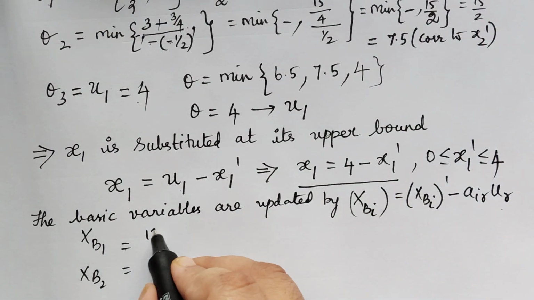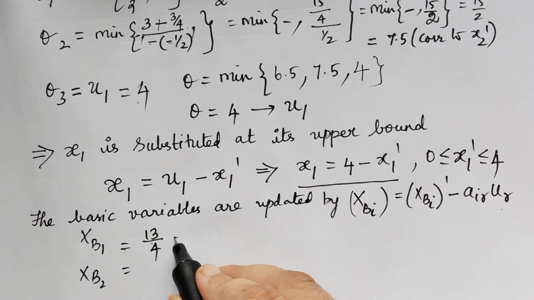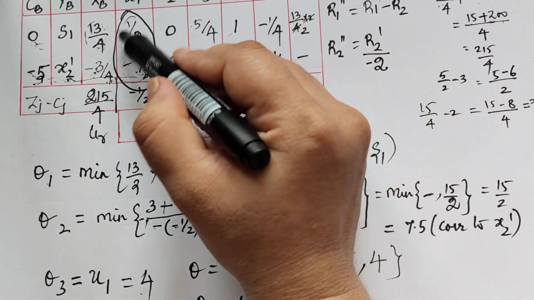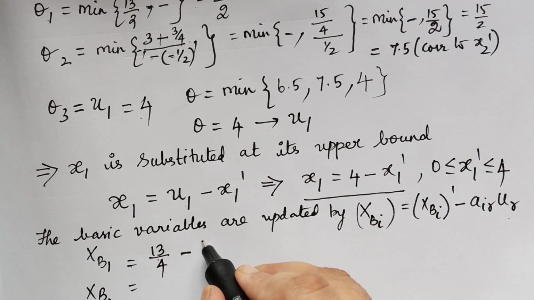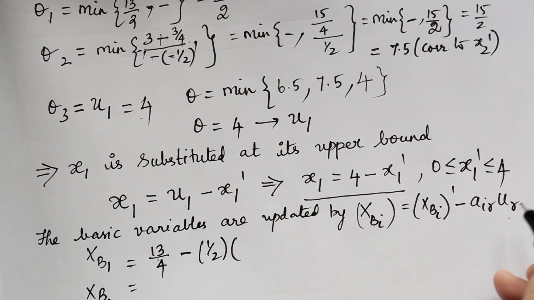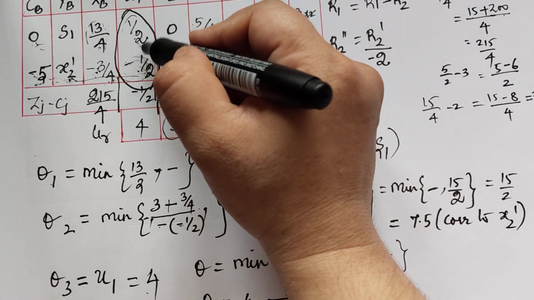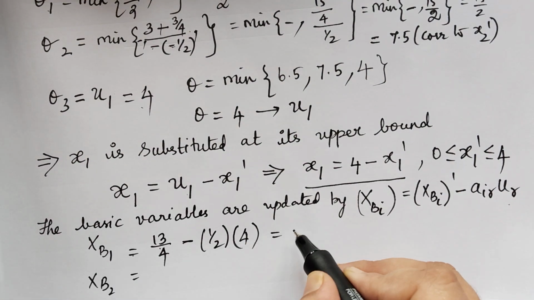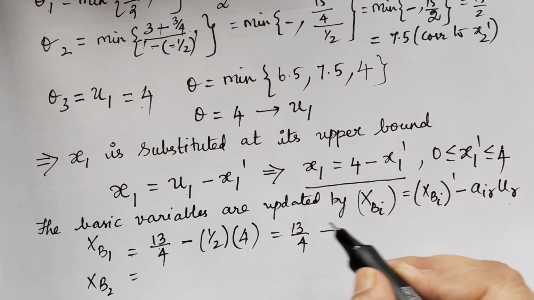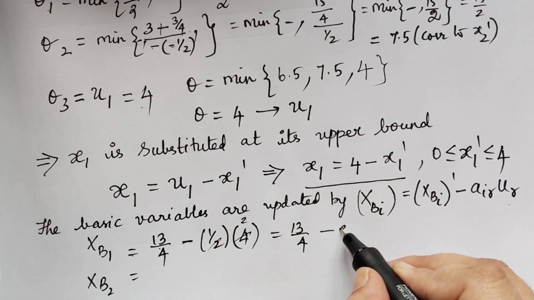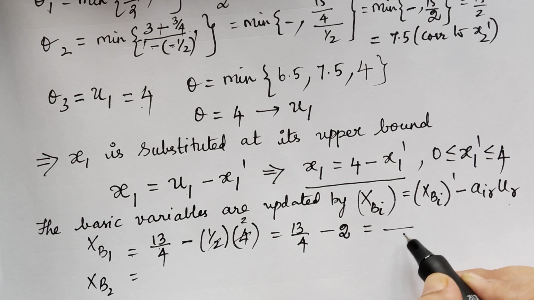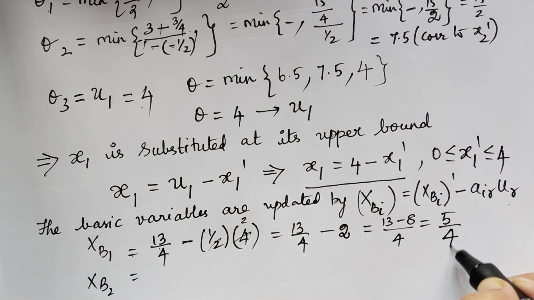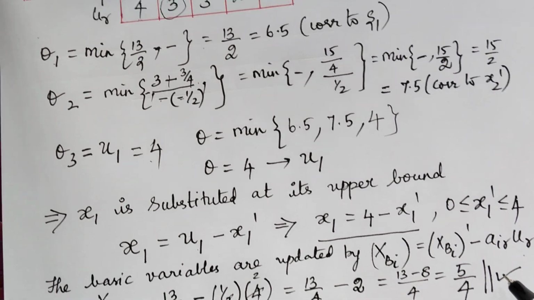So 13 by 4 minus the corresponding coefficient of the entering variable, that is 1 by 2, multiplied with the corresponding upper bound, which is 4. So that's 13 by 4 minus 2, 1 times, 2 times. So minus 2. The LCM is 4, 13 minus 8, which is equal to 5 by 4. So this is the updated xb1.